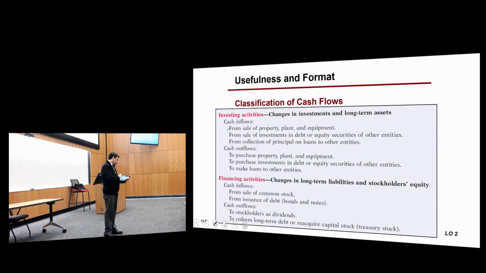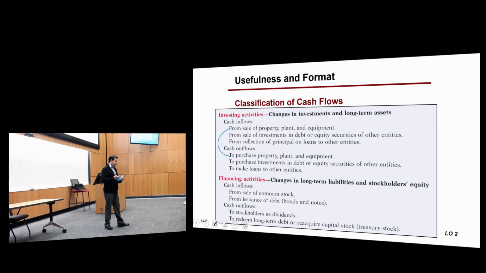Those two are the opposite of each other. One of them is when the company buys equipment, that will be cash outflow. The other one is when the company sells equipment or building or basically PP&E, that will be cash inflow.